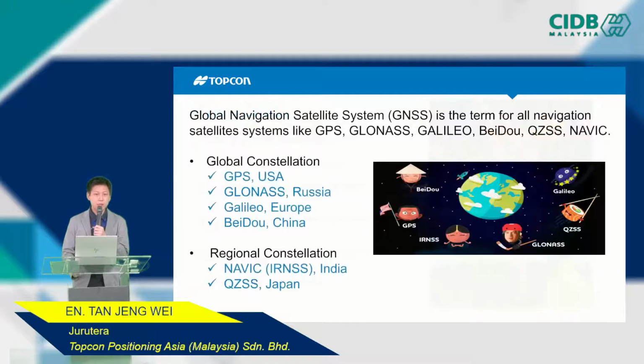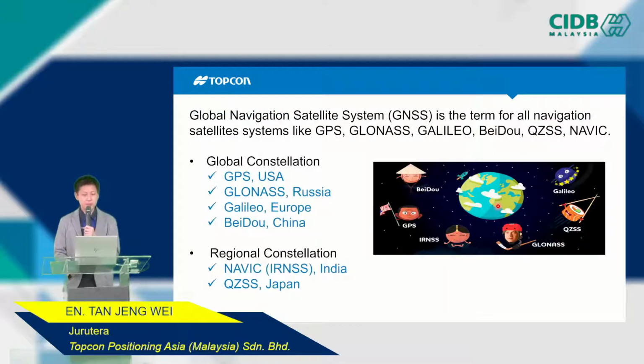For the global navigation satellite system, we have many different types of satellites. For example, we have GPS from the USA, GLONASS from Russia, Galileo from Europe, and the last one is Beidou in China.